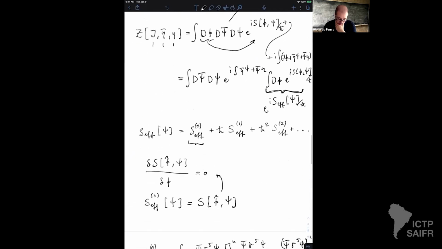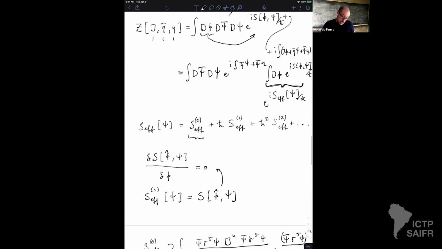So very good. Something I said in passing was that this generating function, as I wrote it, is going to give you the correlation functions that you want, these time-ordered products, only if it is appropriately normalized. Okay.